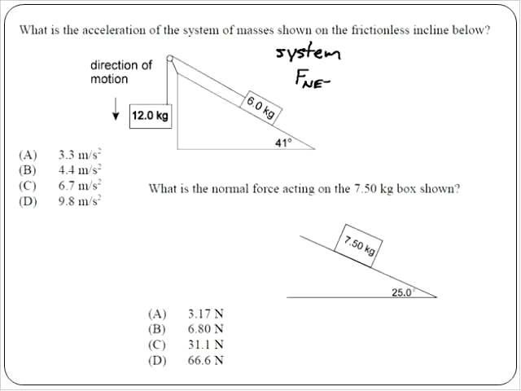So I'm going to say F net, the overall net force for the system, is going to be, there's really two forces. There's a force of gravity pulling down on this guy, and there's an Fg parallel pulling on this guy. Because the incline is frictionless, there's no friction to worry about. So the F net is going to be Fg plus Fg parallel. Now this Fg I'm going to make negative.